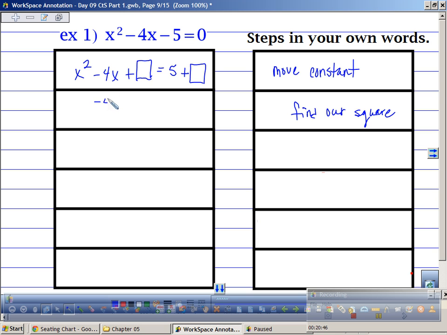So how do we do that? We take negative 4, we divide it by 2, and then we get negative 2 squared. I leave it just like this. Okay, now what? Now we got to add our C to both sides.